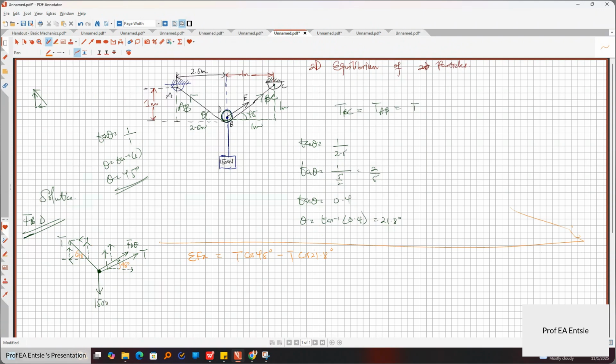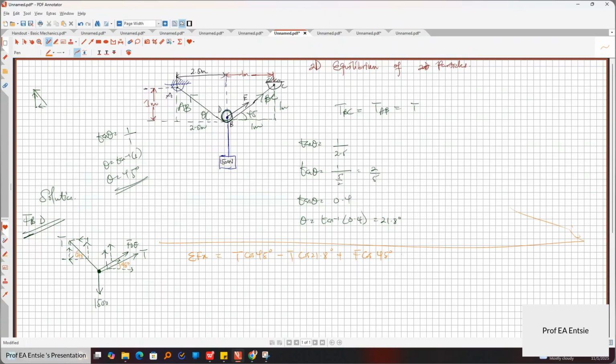And is that all? No, I have another X component coming from the FD. So that one will be plus FD, or I can even call it F, because there is only one F there. So F cos 45 degrees.